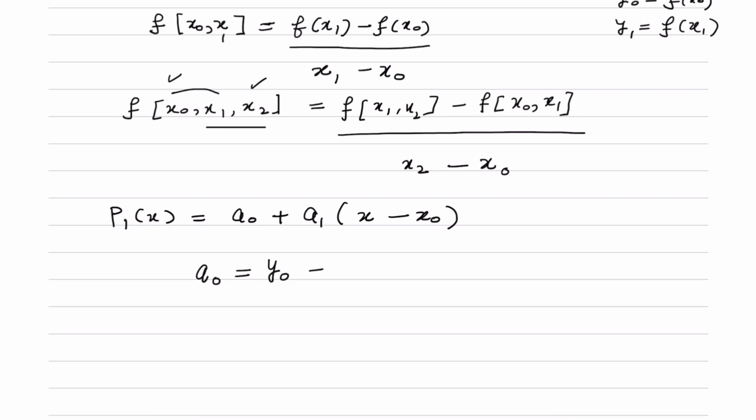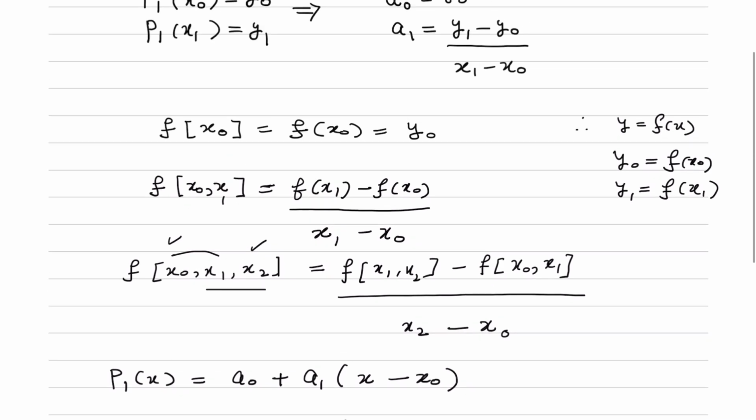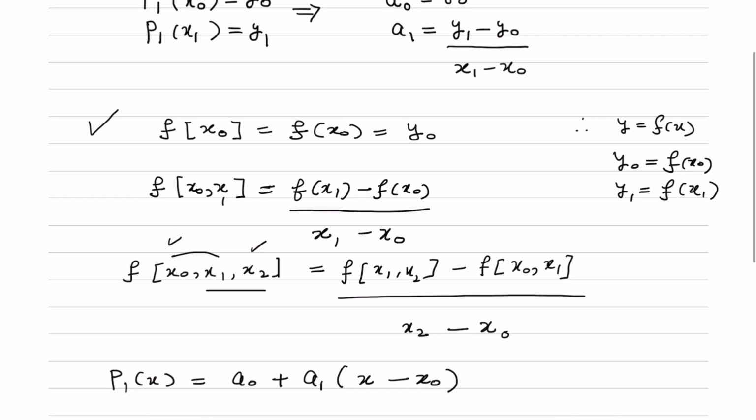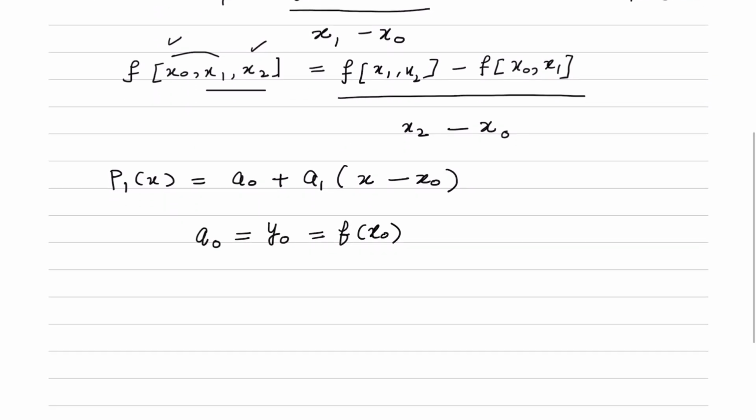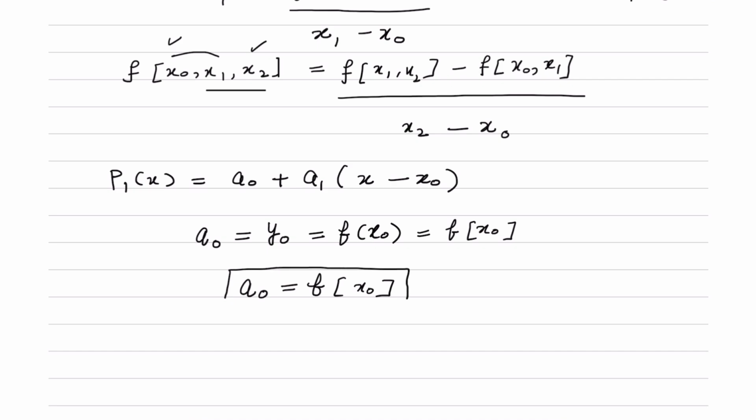We know that y0 can also be written as f of x0. And by the definition of divided difference operator, f of x0 with parenthesis is the same as f of square bracket x0. So what we are seeing here is a0 is nothing but f of square bracket x0. So this is the value of a0 in the divided difference operator form.